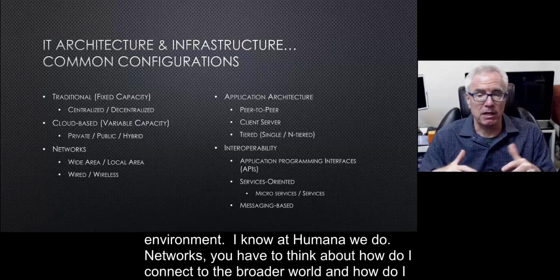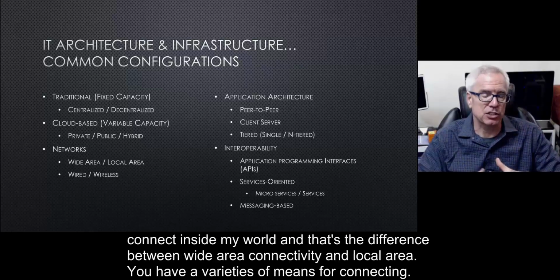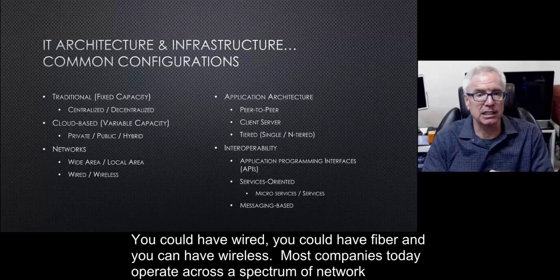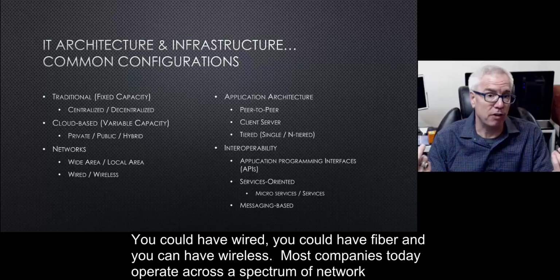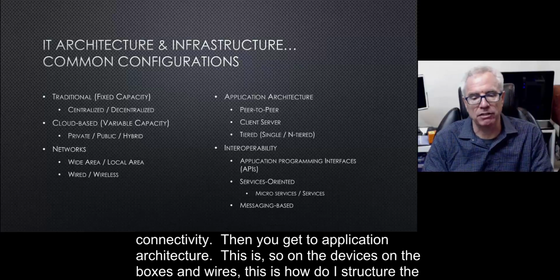Networks, you have to think about, how do I connect to the broader world, and then how do I connect inside my world, and that's the difference between wide area connectivity and local area. You have a variety of means for connecting. You could have wired, you actually could have fiber, and you can have wireless. Most companies today operate across a spectrum of network connectivity.